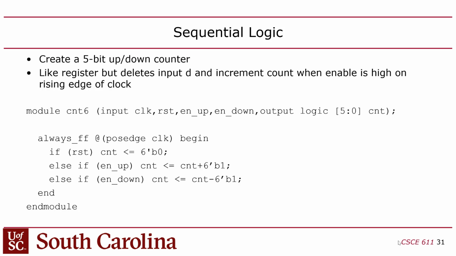And by the way, your program counter in your CPU can work the same way, except you could say, if PC source is 0, then increment PC fetch. Else, if PC source is 1, then use the branch address, right? So you could design your branch logic in this same style.